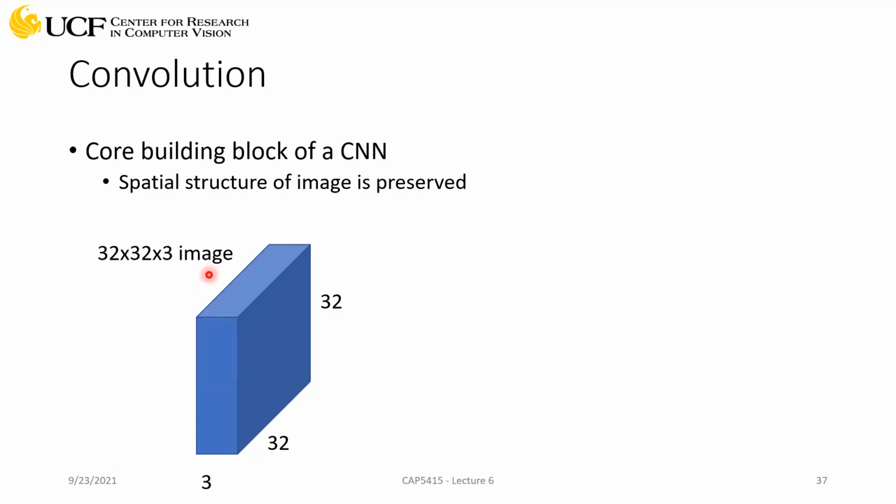Let's say you have an image, and in this case we have 32 cross 32. That's the resolution, height and width, and then 3 is for channels. So this is a colored image. We'll have 3 channels R, G, and B in this dimension, and then the resolution is 32 cross 32. Then you take a filter, something like this, and let's say the shape of the filter is 3 cross 3 cross 3.